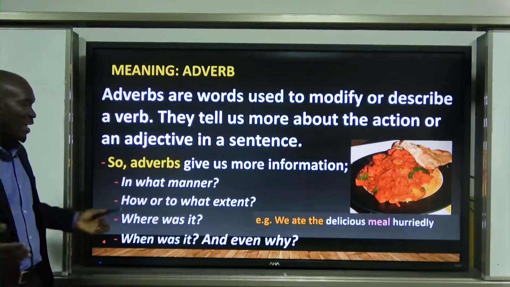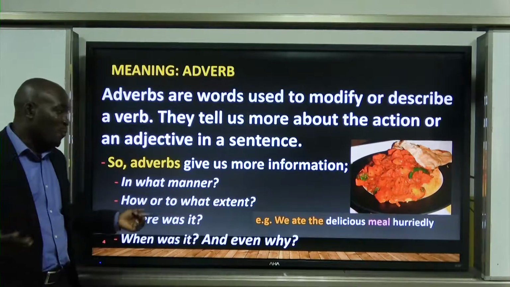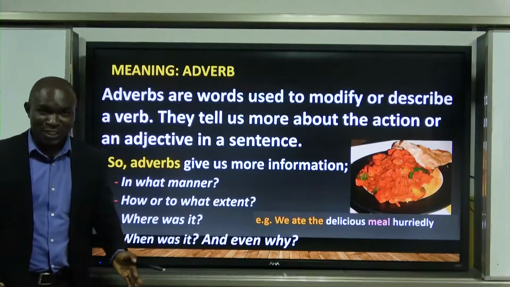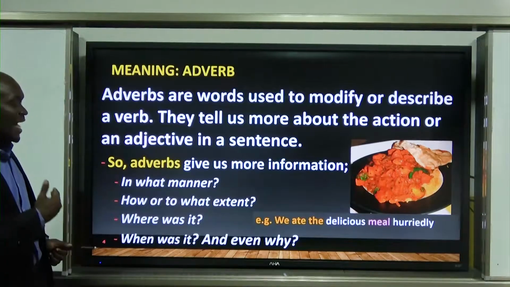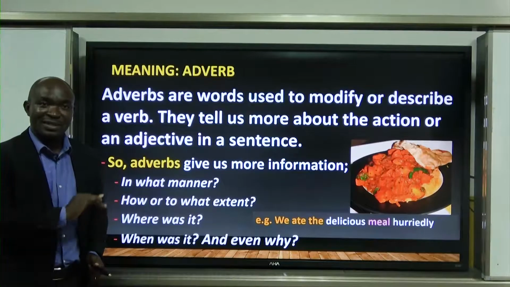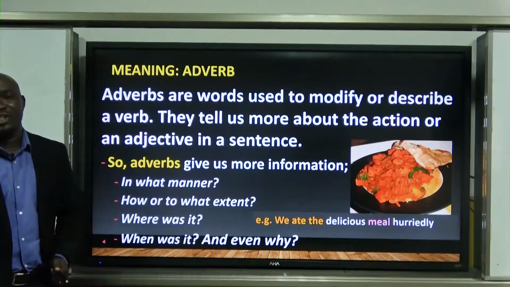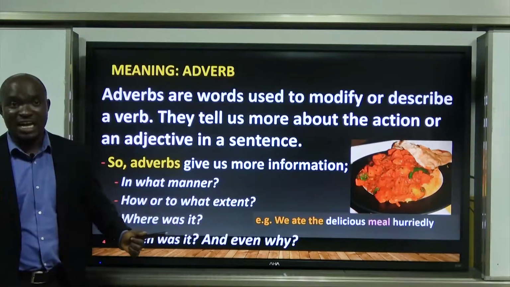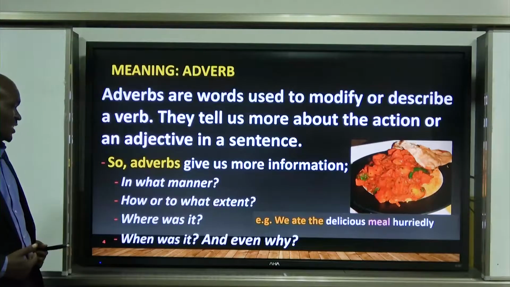Here we say in what manner, where was it done, what time was it, to what extent. So while adjectives describe nouns and pronouns, adverbs deal with the action, or maybe other adjectives as well as even other adverbs in a sentence.